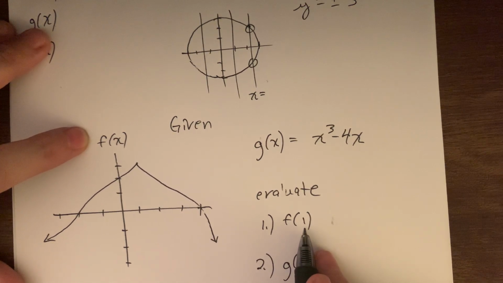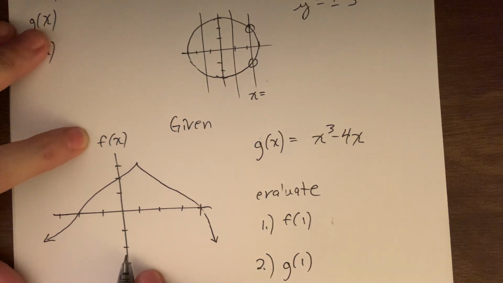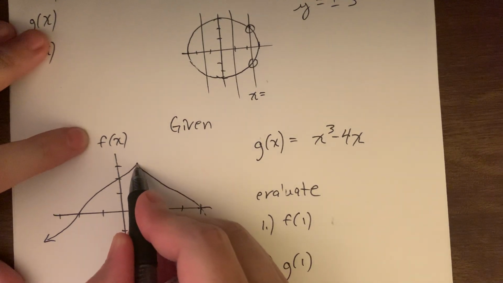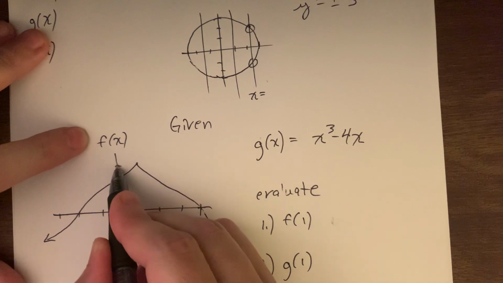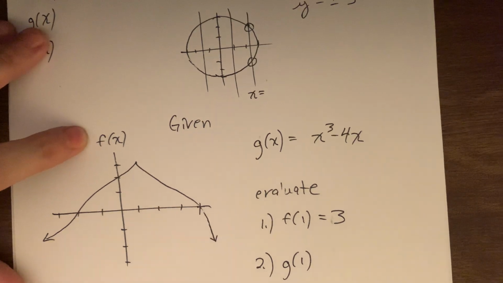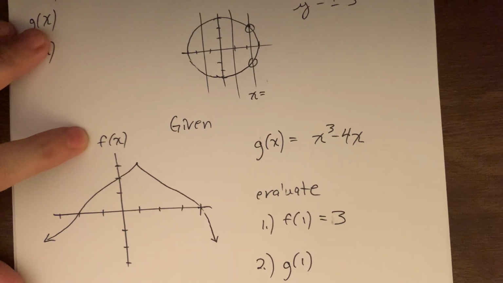When we've got the graph, we just look. X is 1, so there's the point on the graph that goes with it, and that lines up with a y value of 3. Therefore, f of 1 equals 3. Done. That's it. Nothing more to it.